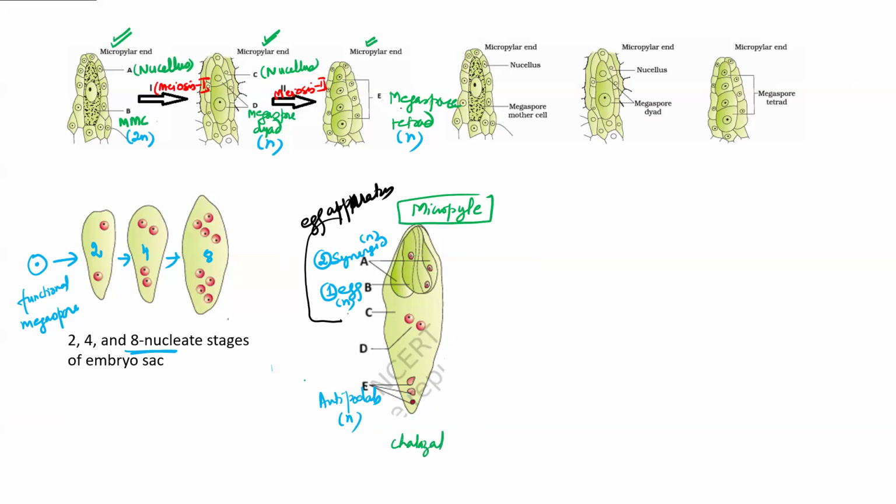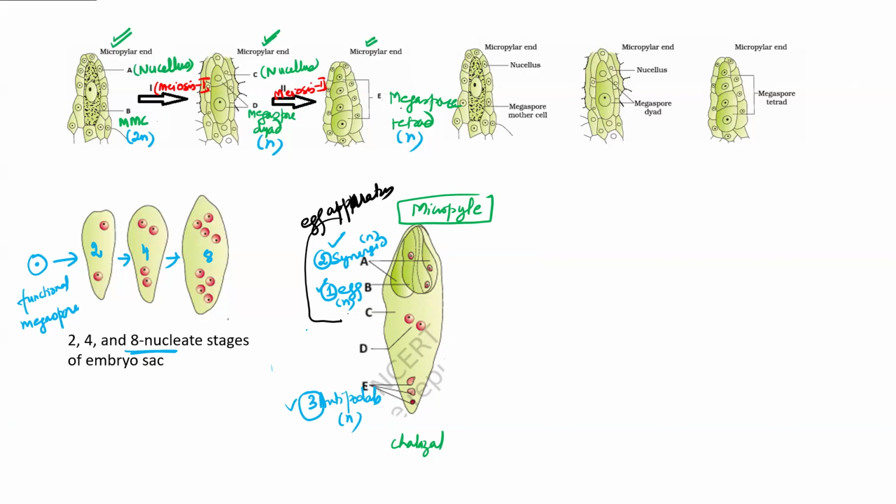Till now we have discussed 6 cells: 2 synergids, 1 egg cell and 3 antipodals. These 6 nuclei are surrounded by a cell wall.